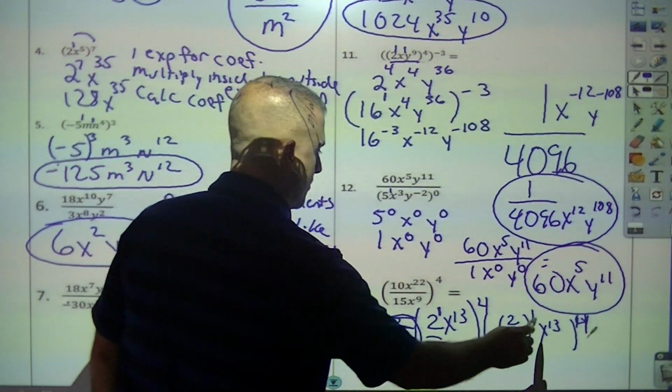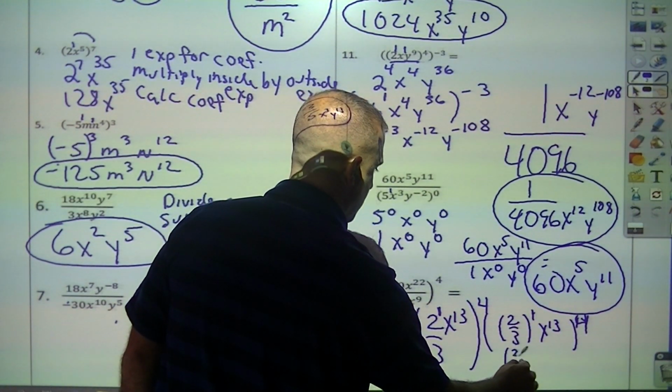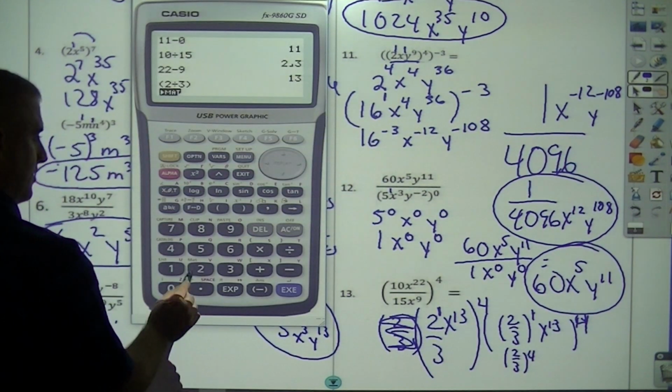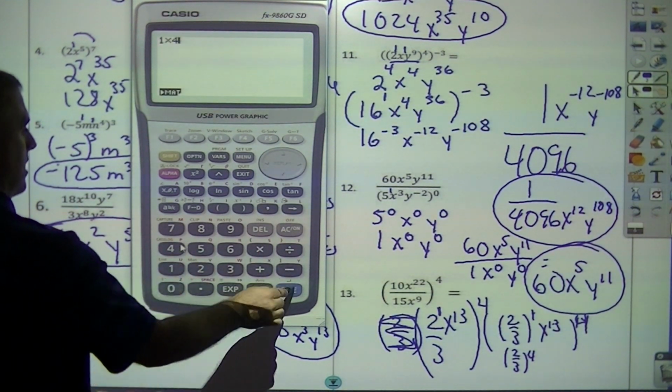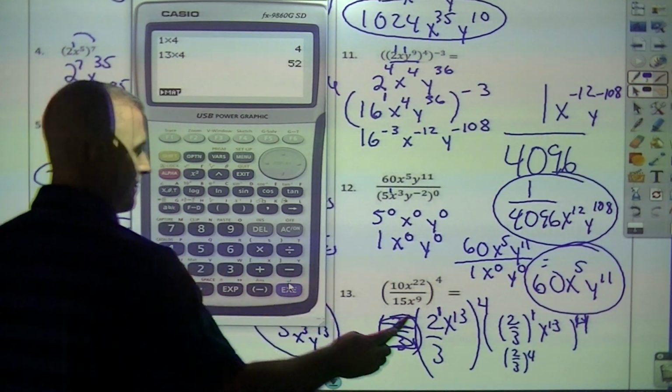So 2/3 times 4, because 1 times 4 would be 2/3 to the 4th power. 13 times 4 gives me 52.